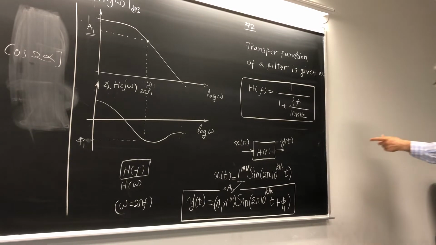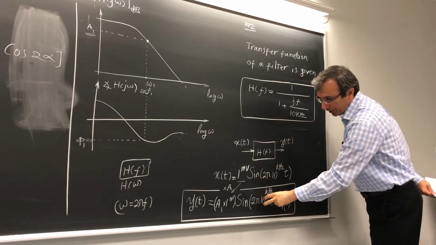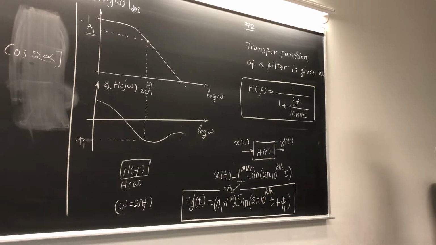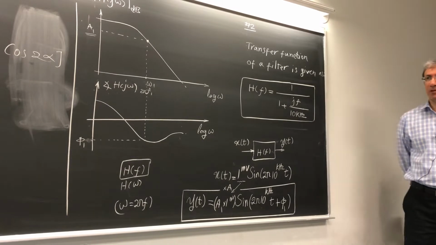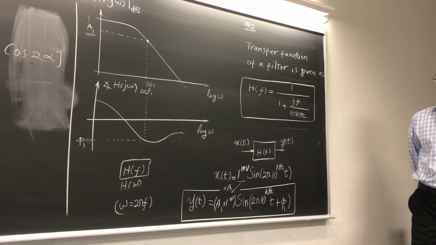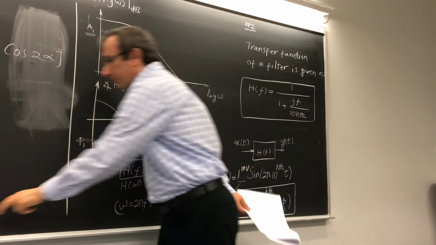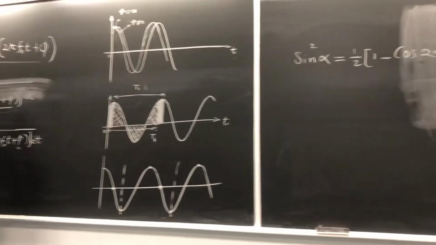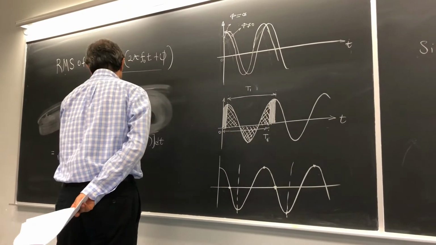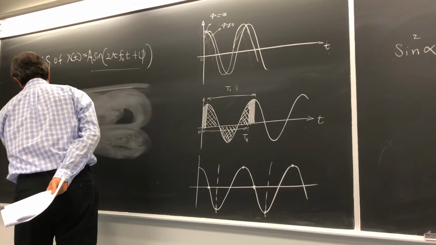That phase is added to the 2 pi f naught t. This is the easiest way to do it, and it is based on some basic knowledge that we have. But if you want to do the math based on just the Fourier transform, that would also be possible.